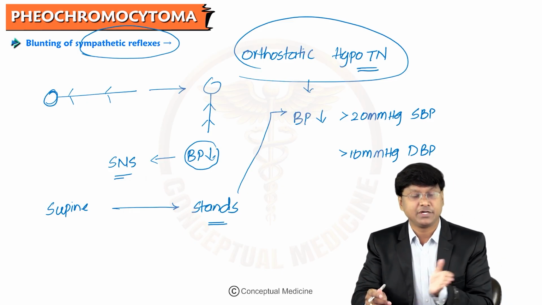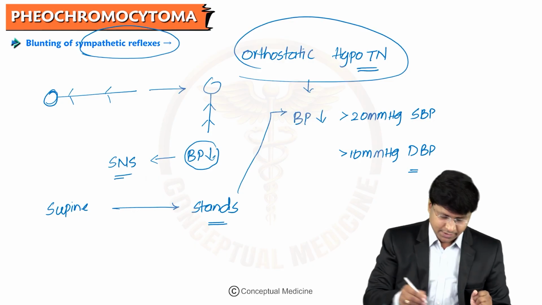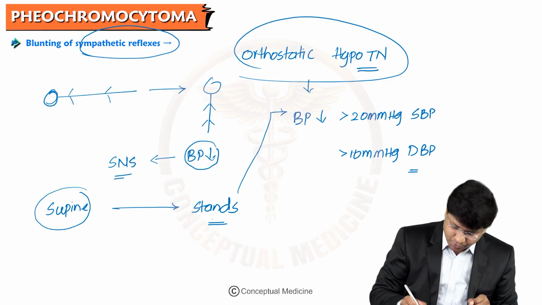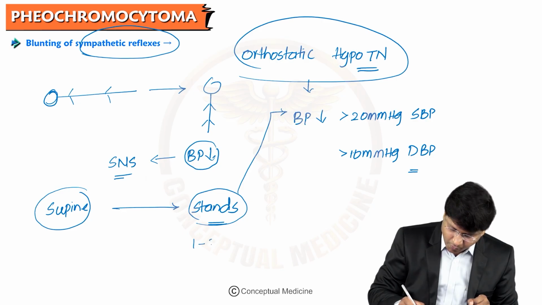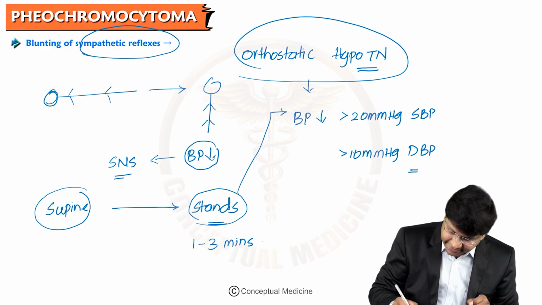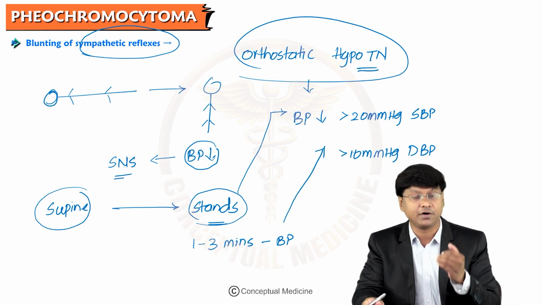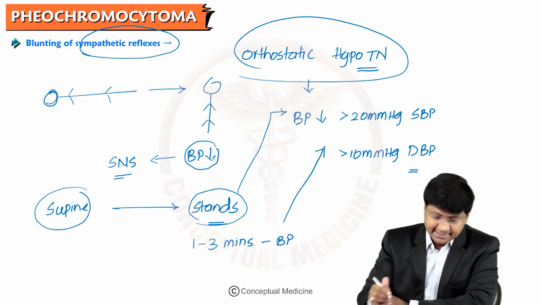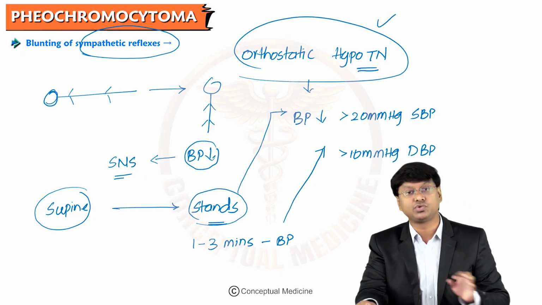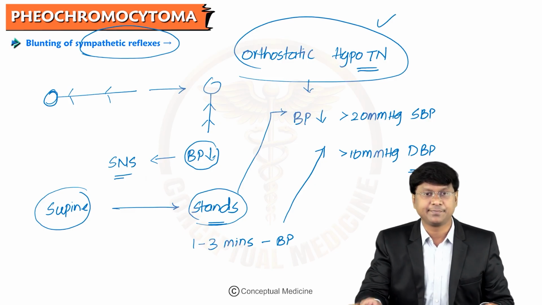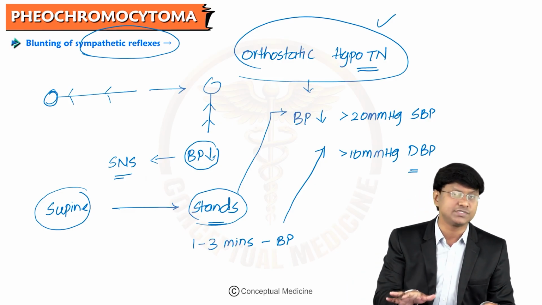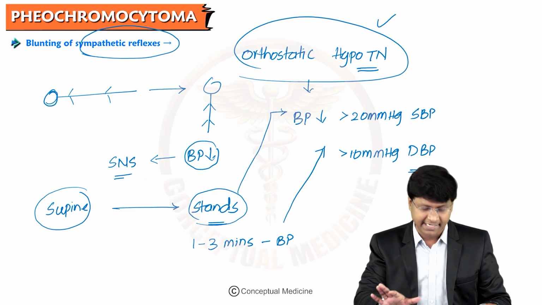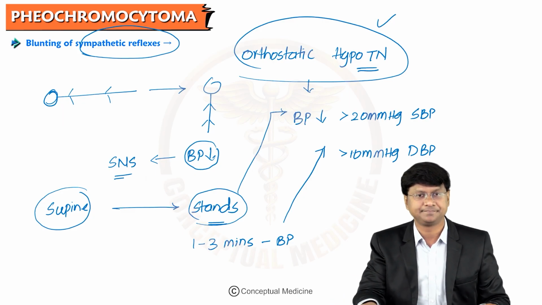And when should these be measured? Not immediately whenever the individual stands. From supine position to the standing position, after 1 to 3 minutes, if you measure the blood pressure and the fall in the systolic blood pressure is more than 20 millimeters of mercury and the fall in the diastolic blood pressure is more than 10 millimeters of mercury, that is the point when we use the word orthostatic hypotension. And orthostatic hypotension is one of the features that you will have in patients with pheochromocytoma.